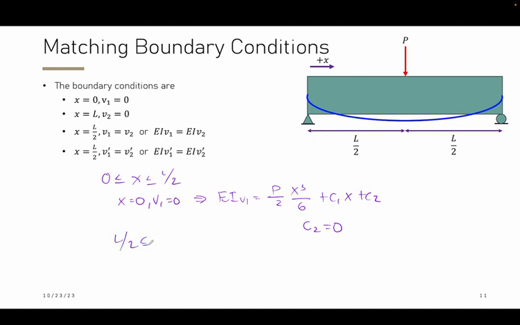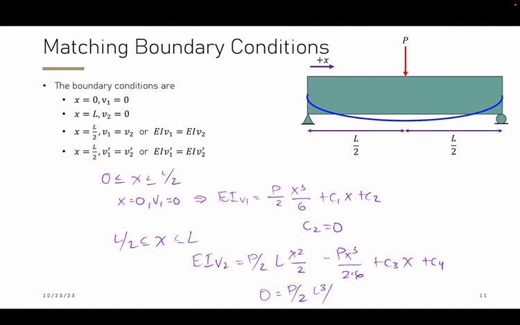And for L over 2 less than or equal to x less than or equal to L, we would have EIV2 is equal to P over 2 L x squared over 2 minus P x cubed over 6 plus C3 x plus C4. So that would give us 0 is equal to P over 2, L cubed over 2 minus P L cubed over 12, plus C3 L plus C4. And I forgot to write this part, so this is x is equal to L, V2 is equal to 0.